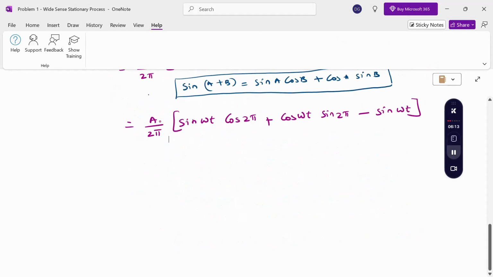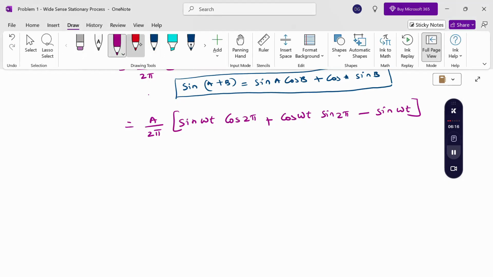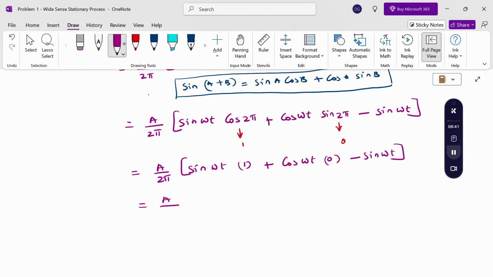Here cos 2π is 1 and sin 2π is 0. Therefore A/2π times [sin ωt · 1 + cos ωt · 0 − sin ωt]. So A/2π times [sin ωt − sin ωt]; these two terms cancel.